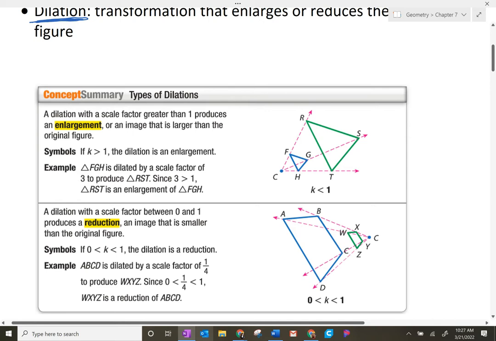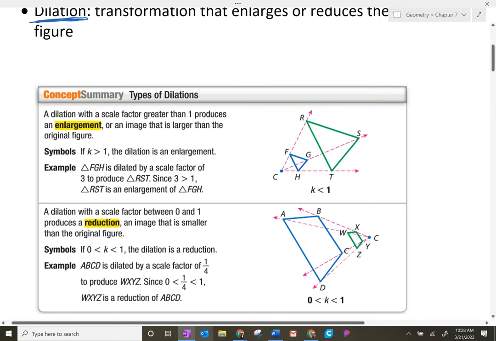So if it's getting bigger, think like Alice in Wonderland, it's enlarging. When it's growing, it means the scale factor, you're going to multiply it by a number that is bigger than 1. It's getting however many times bigger. That's what the enlargement is.